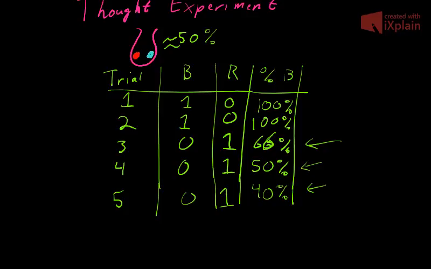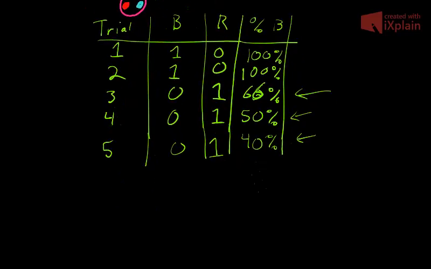So even though they were both one off, our percentage here is closer in the later trials. So the more trials we do, the closer our experimental probability is going to be to our theoretical probability. So more trials is always better.